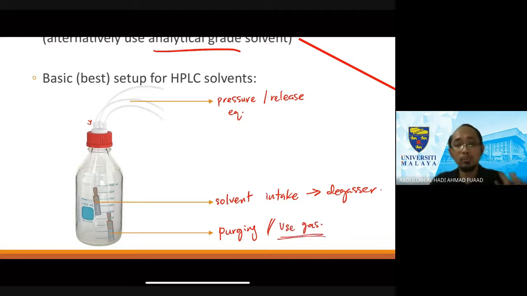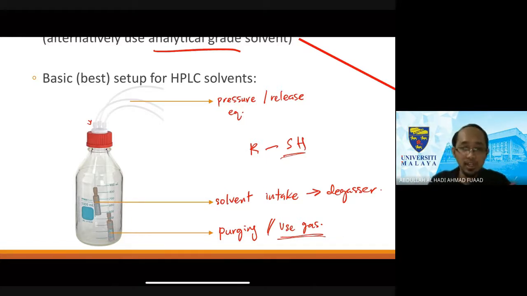So why do they use gas? Because solvents might have dissolved oxygen, and depending on the sensitivity of your sample, for example, in my case, my samples are normally peptides, and peptides contain cysteines with an SH group, a sulfur group. If you are chemists, then you know that sulfur is easily oxidized in the presence of water.